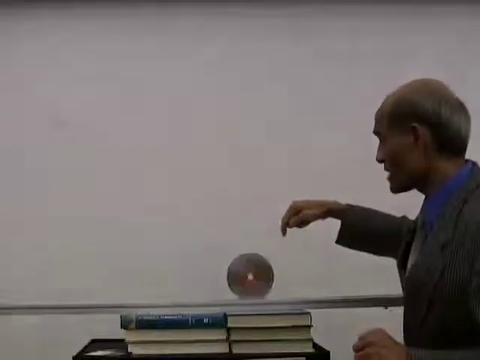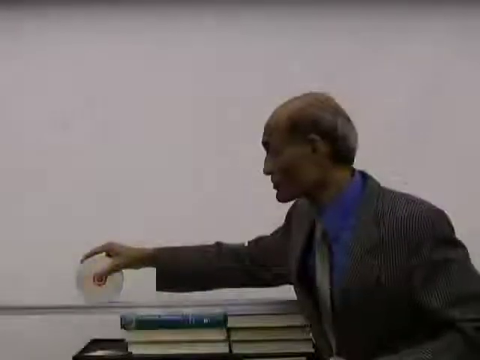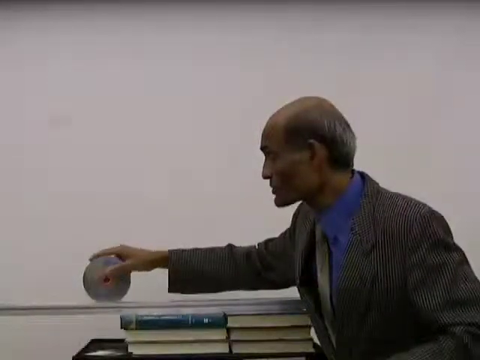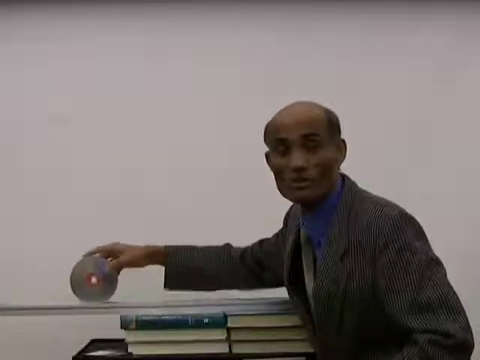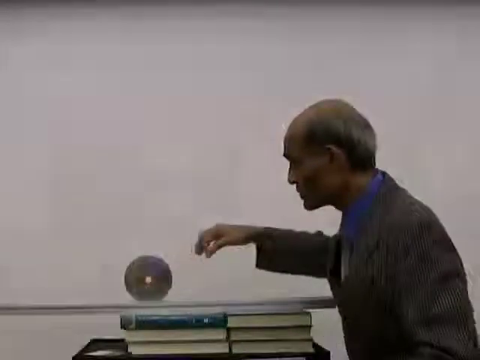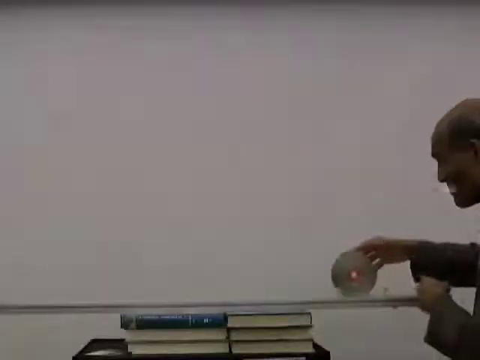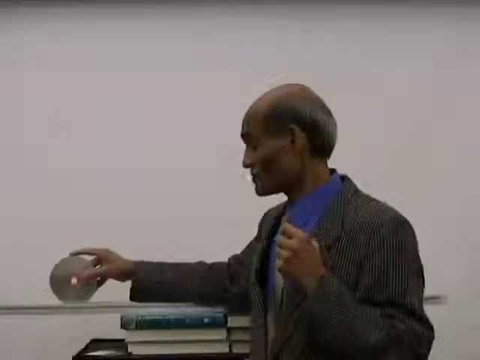It has a rotational kinetic energy of 1/2 I omega squared. And also its center of mass, this is the center of mass, moves in a straight line with a linear motion. That means there is a translational kinetic energy 1/2 m v center of mass. It's the velocity of the center of mass that gives it the translational kinetic energy.